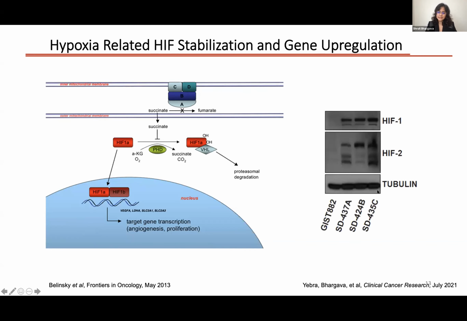So we did see that in our SDH deficient tumor models, indeed, there was a high level of both HIF1 as well as HIF2, both of which are actually associated with hypoxia or with high levels of succinate in the cell, as compared to the KIT mutant cell line.